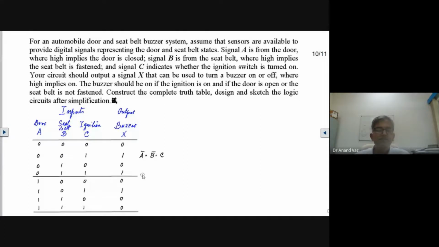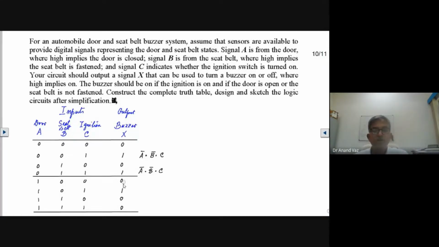So here, let's see the next when the output is 1 again. So here you have not A, and B, and C. So another product, not A, and B, and C. So you can see here that if you have this input combination, only then this product becomes 1.